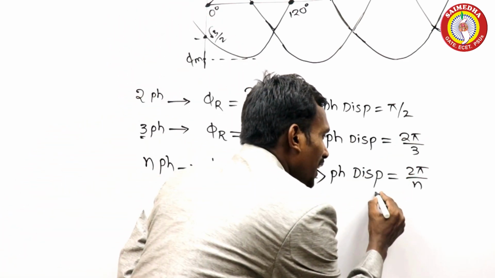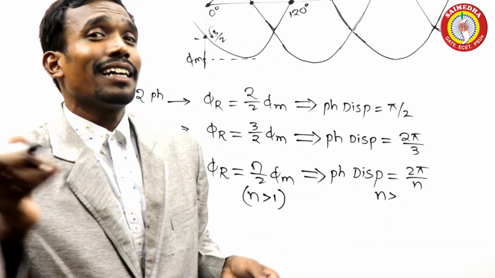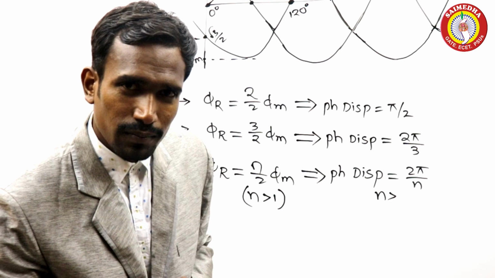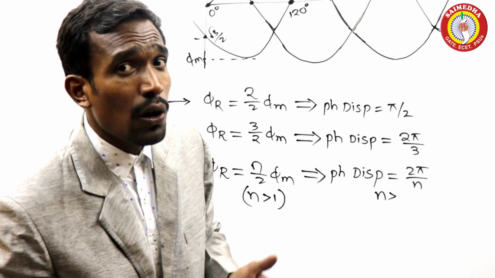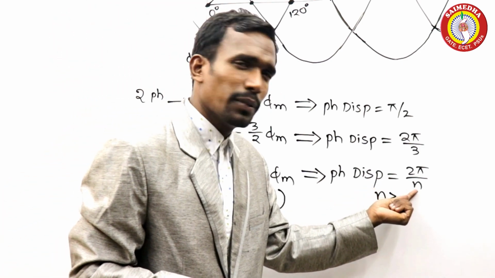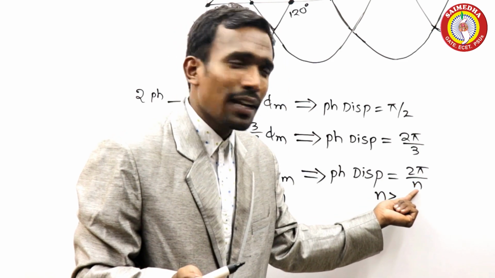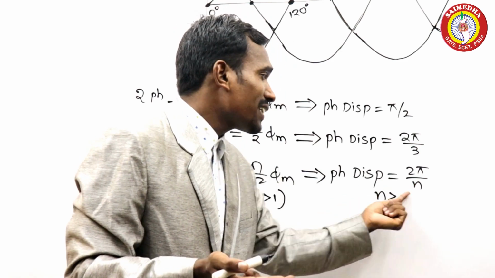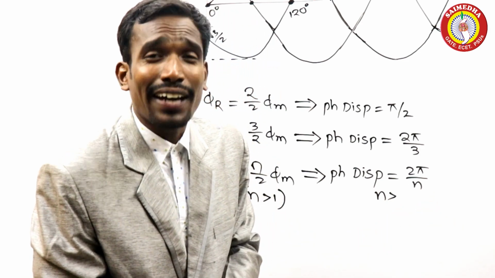Now tell me, what are the n values? Is it greater than 1, or greater than 2, or greater than 3? For example, take 1. Not possible. Take n equal to 2. What is the phase displacement? 2 pi by 2, nothing but pi. Is it the correct answer? 100% wrong.